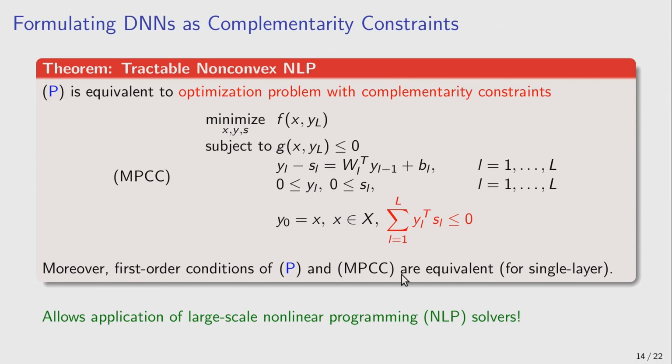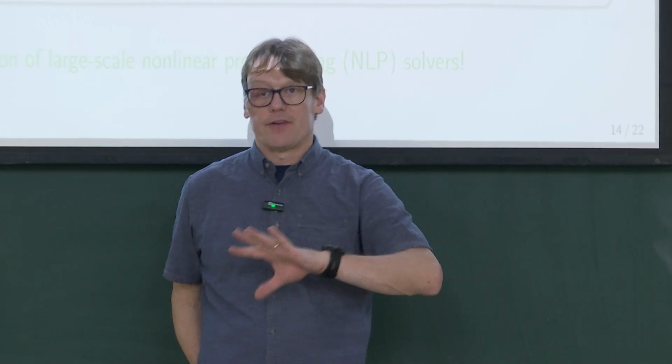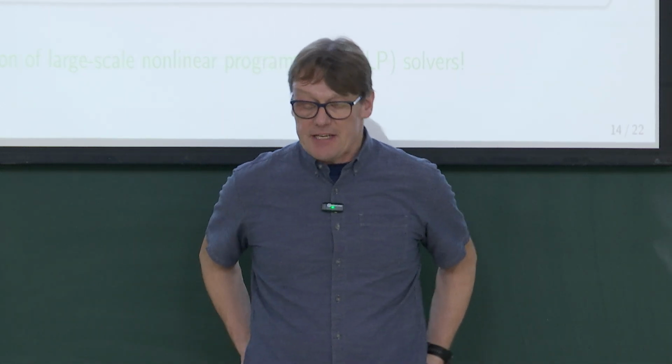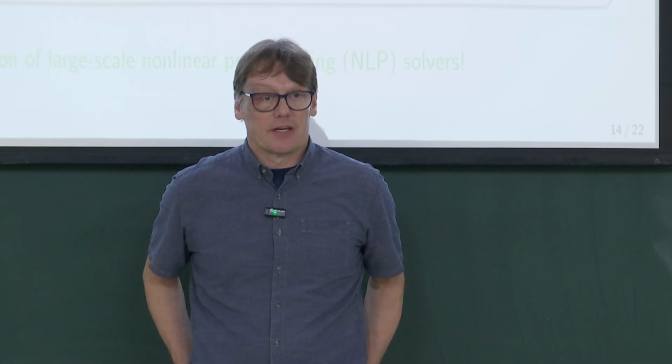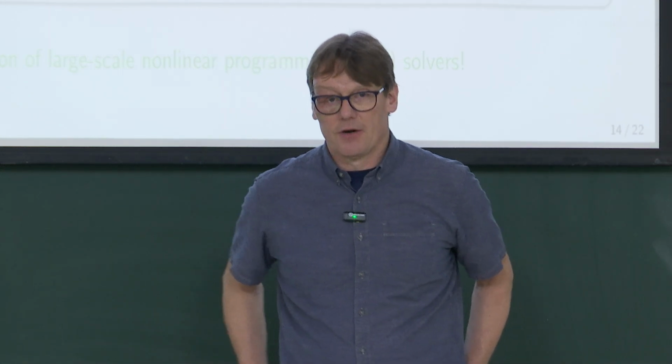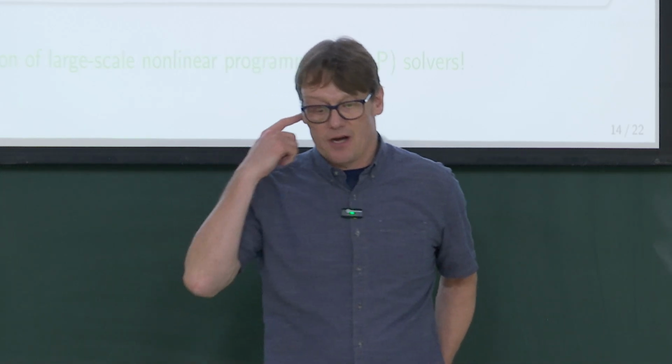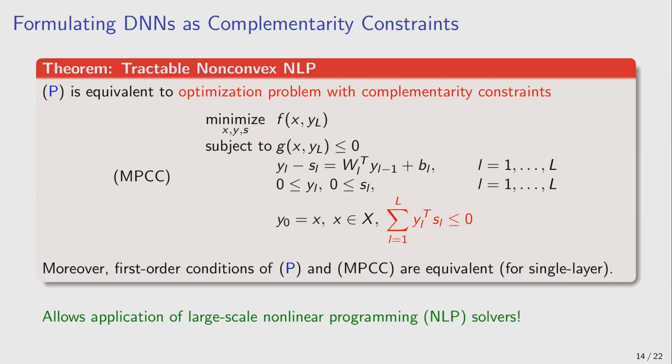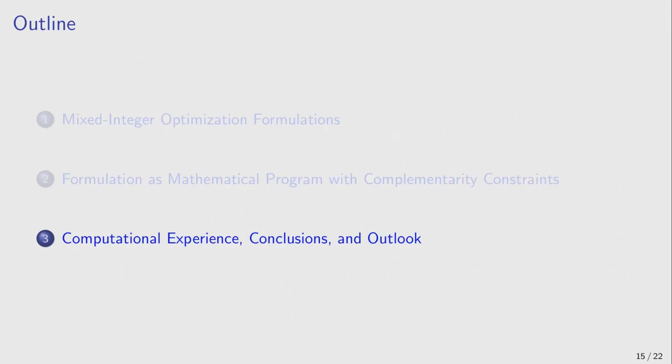And you can make some nice statements. You can show that first order conditions of the two problems are equivalent in a certain sense. This problem is much nicer because it's actually a smooth problem. So we no longer have the non-smoothness of the neural network constraint. We handled this by explicitly modeling the max function using the disjunction. And we can solve this with large-scale solvers.